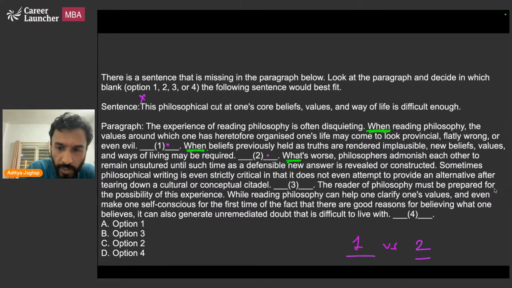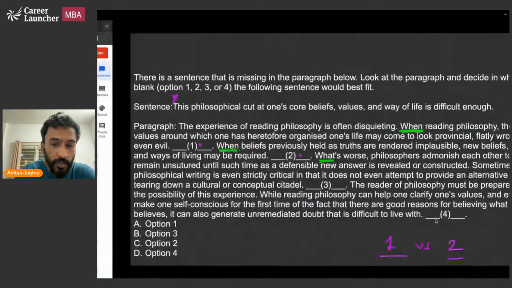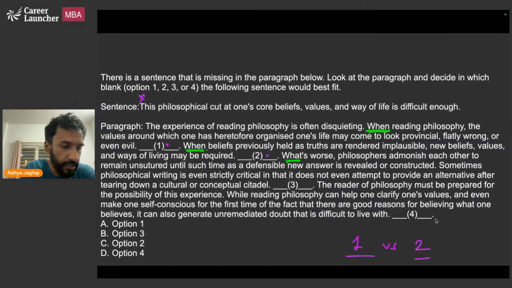I'm just looking for some kind of comparison. It gets worse. So Harshal has pointed out something. We're looking for sentences before and after, right? Harshal has pointed out that what's worse is of some value to us. That's right. What else could be of value to us to make the choice?